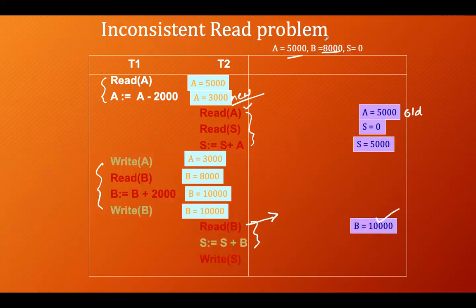So this value has been changed to 10,000 because of this write operation, but the change of A from 5,000 to 3,000 happened after that. So this read is an inconsistent read. This read is not inconsistent, this is a consistent read.